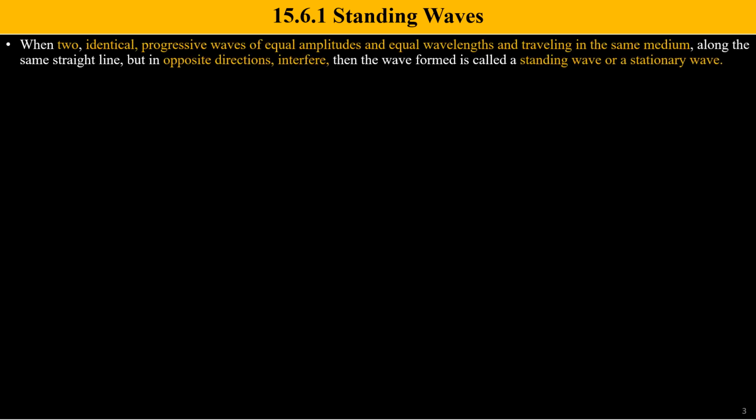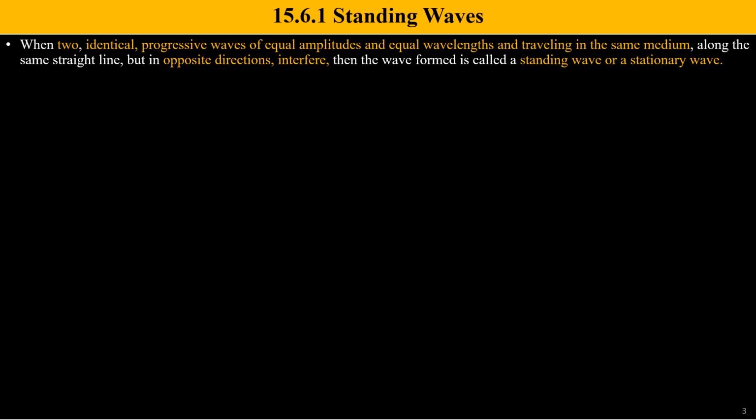So, when two identical progressive waves of equal amplitudes and equal wavelengths travel in the same medium, along the same straight line but in opposite directions, they interfere with one another. Such waves are called a standing wave or a stationary wave.